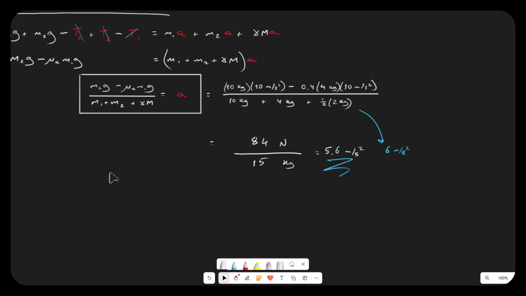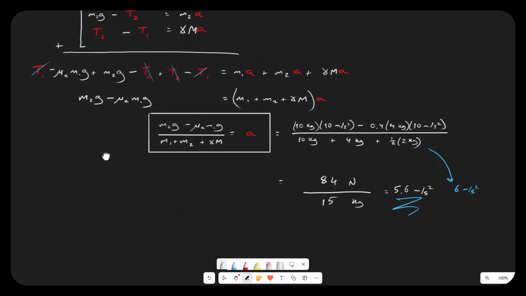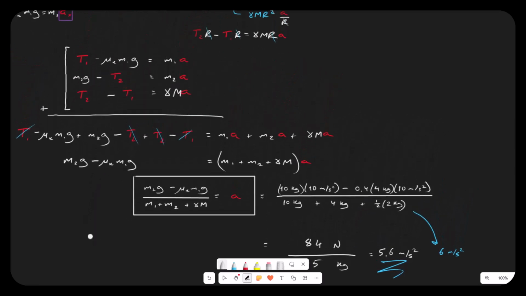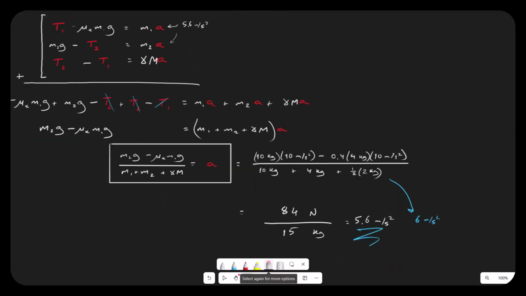If I then want to go back and find the individual tensions, I can, because now I have my acceleration. So let me see what happens when I plug numbers in. If I plug this 5.6 meters per second squared into acceleration here and here, I'm going to get tension values out. Tension 1, tension 2.